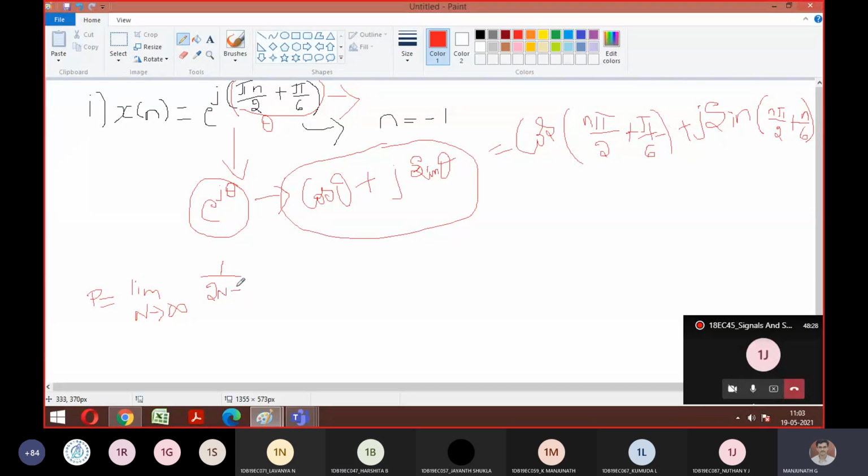Then we should take summation. What is varying now? Your small n is varying from minus capital N to plus capital N. And the remaining is the same, x of n magnitude square. So this was the formula, guys, that we went through using a power signal for a discrete time signal.